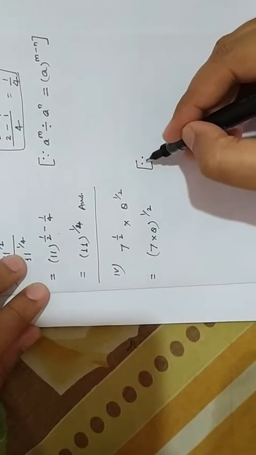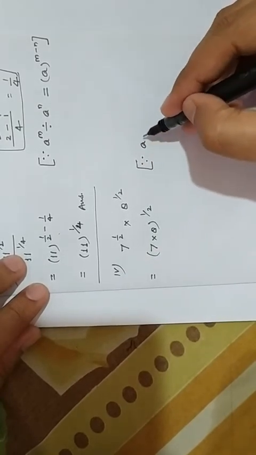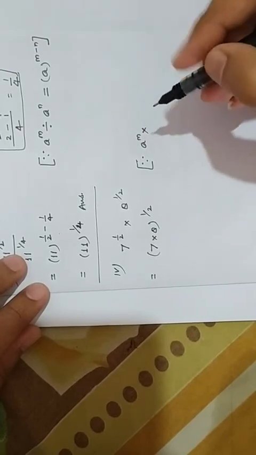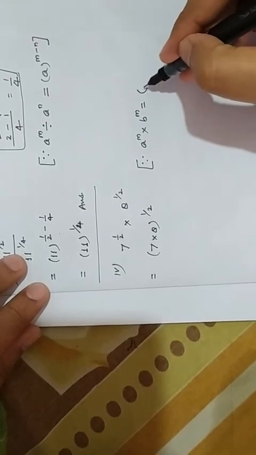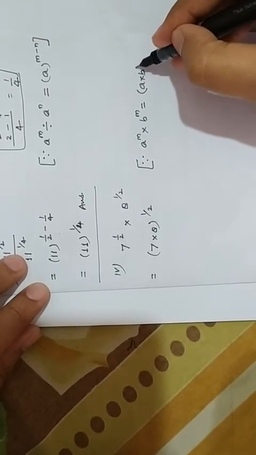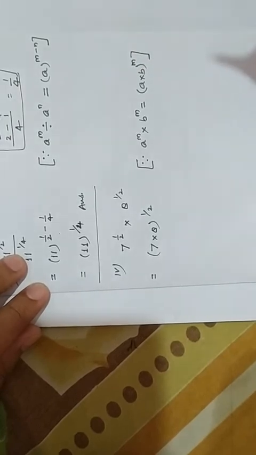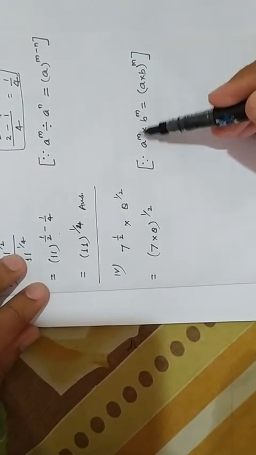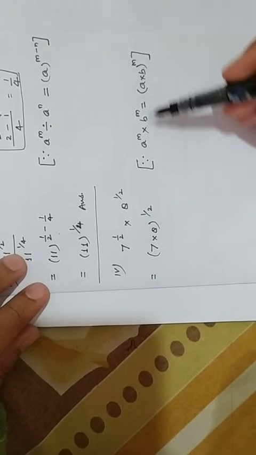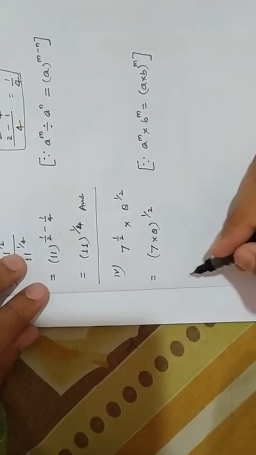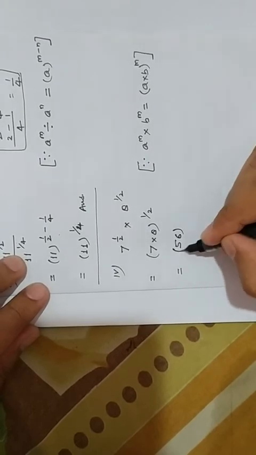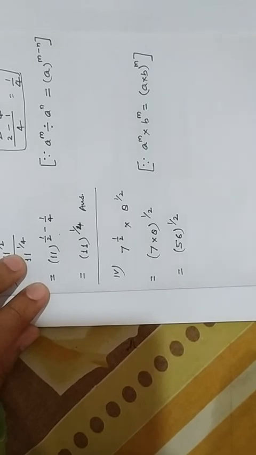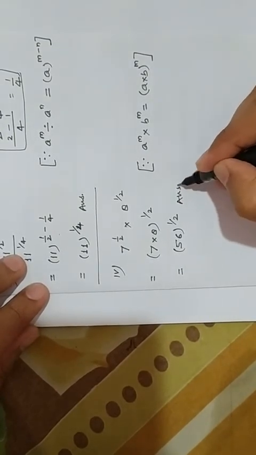We'll write the reason, write the law: if a to the power m into b to the power m, it will be a into b whole to the power m. Bases are different, powers are the same, so we will take the power common and multiply the bases. So this is 56 to the power 1 by 2. This is the answer.